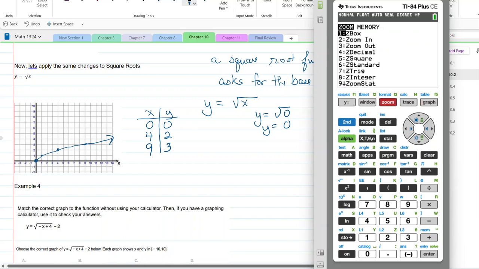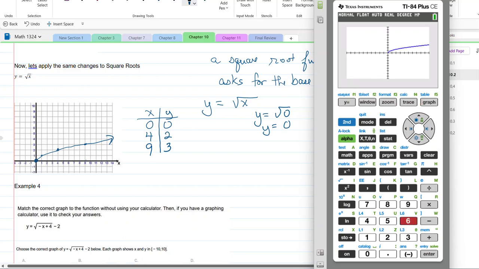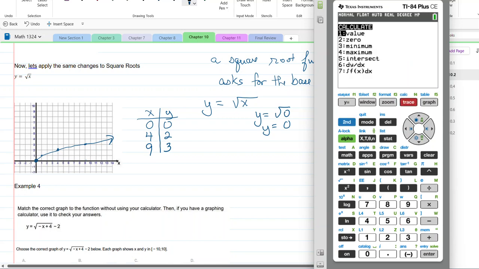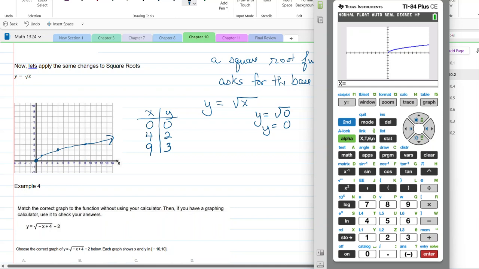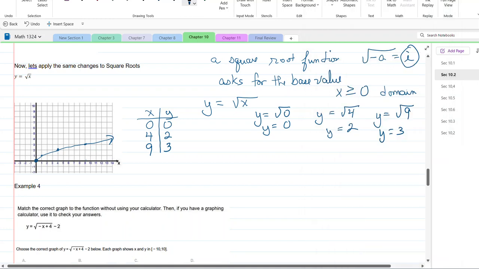Now, if I did a zoom 6, I would see the same thing. So here we go. I have that, it matches. And again, I could ask it any function. I could say second calc value, and I could put in the 4, and it tells me it's a 2. I can put in the 9, and it tells me it's a 3. So there we go. All right.